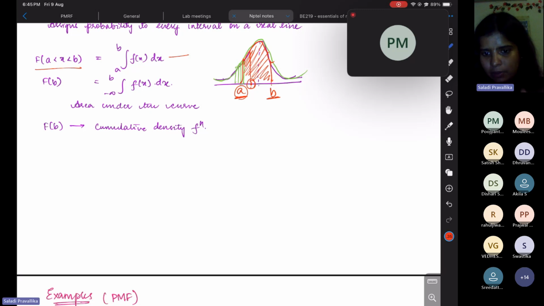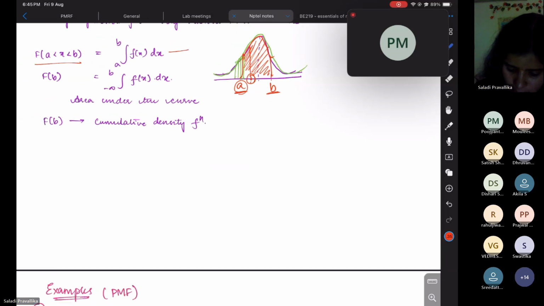If you don't know integrations, please let me know now itself. We don't need strong integration, just the basics. Okay, so I hope everyone knows integrations here.